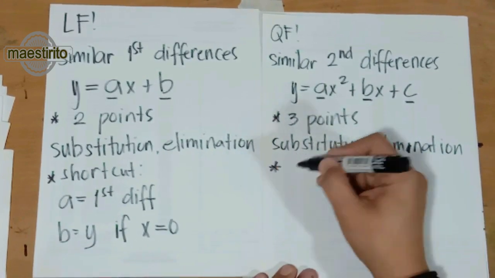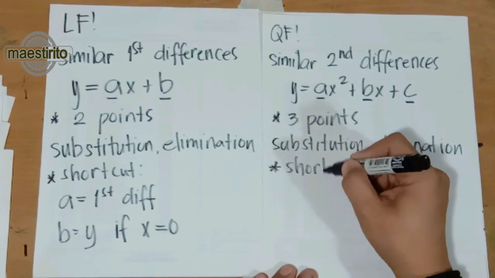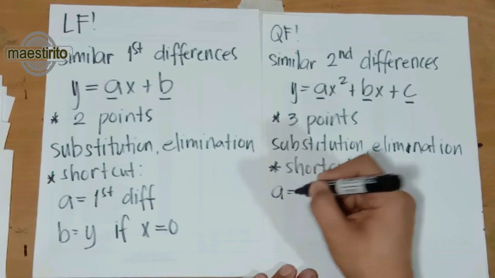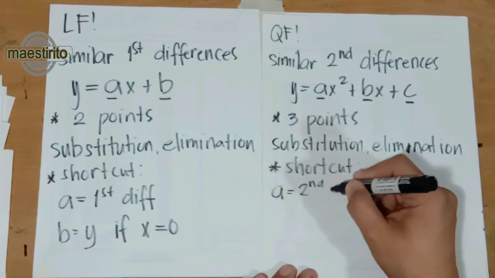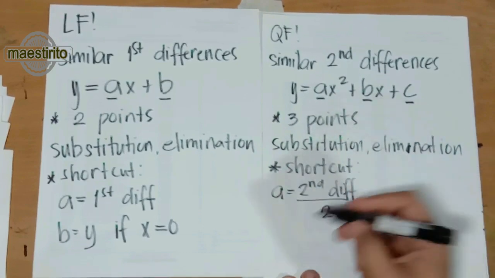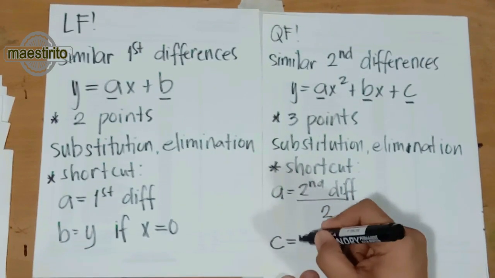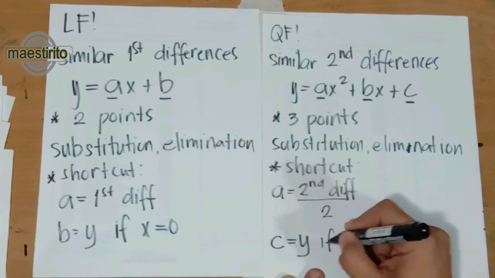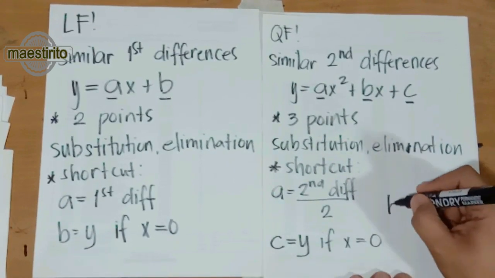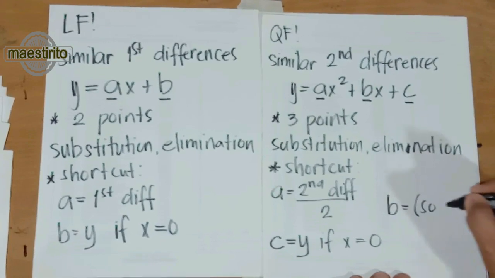And then for the quadratic function, the shortcut would be: a is the second difference divided by 2, then jumping to c, which is your y if x is 0. And then of course for the b, you have to solve.